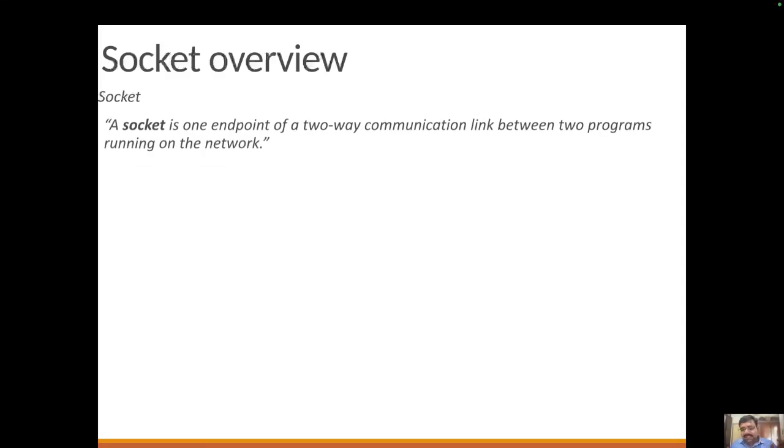Let's start with the basic fundamental, that is the socket. So what is the socket? Socket is the main key point for two-way communication between two or more programs, or we can say two or more machines. For example, if we want to go from one place to another place, we have an address to reach it.